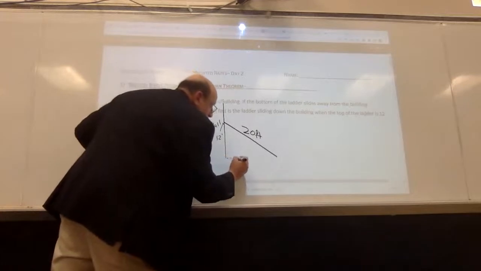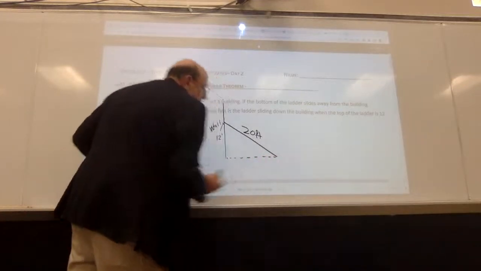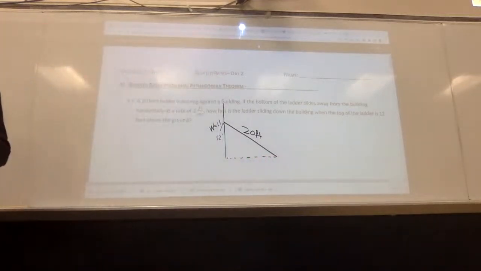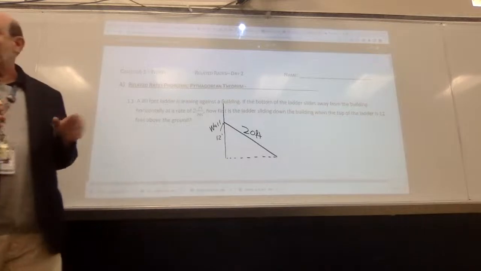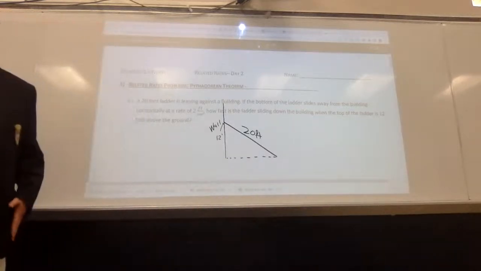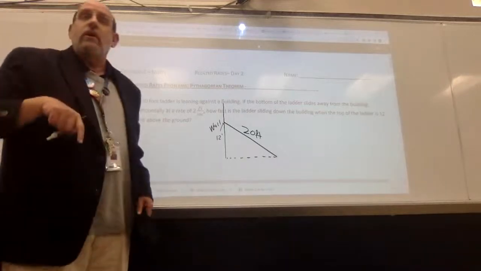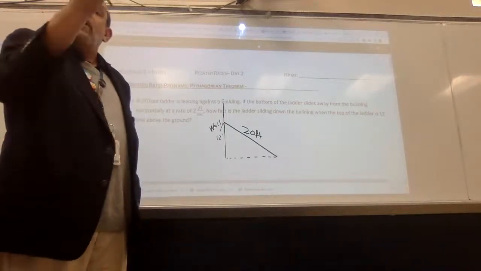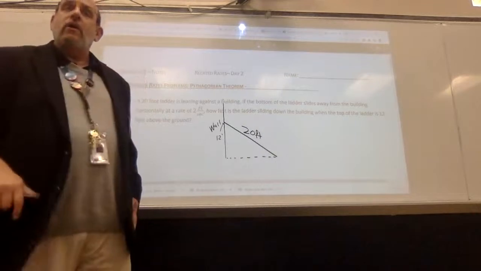And now we can make a right triangle out of it. And the cool thing about this is a 3, 4, 5 right triangle, right? So we already know that this is 16. But we don't have to know, do we? Being so smart. Let's go simple. We don't have to know that, do we?